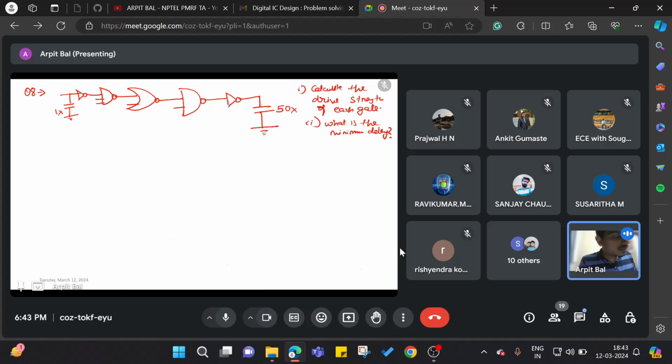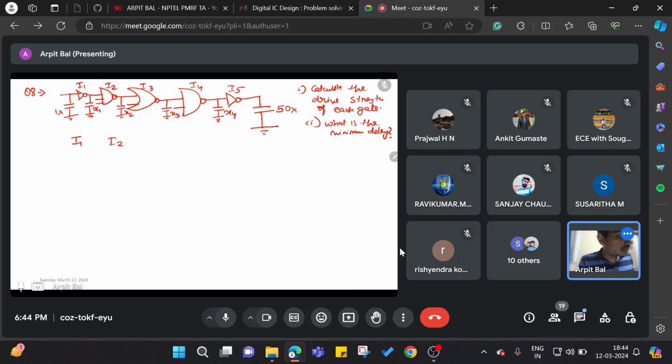Okay, so let me call these gates I1, I2, I3, I4, I5. Let me call this one X1, this as X2, this as X3, this one as X4.